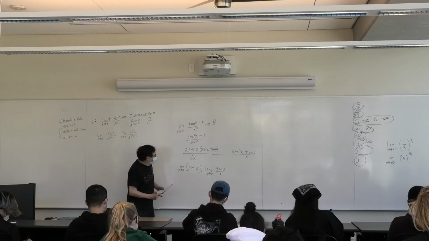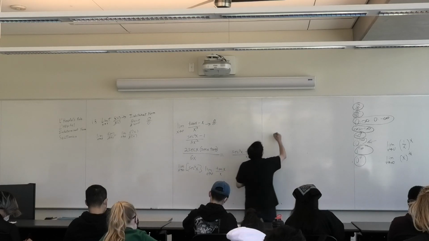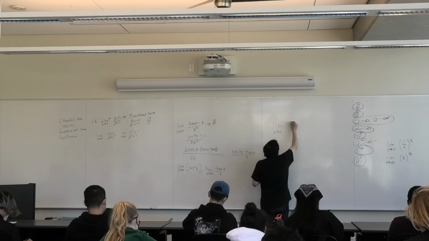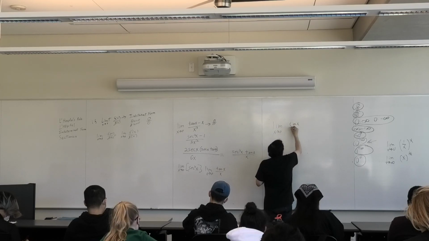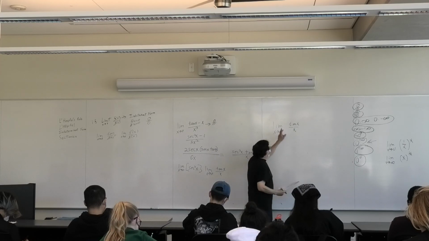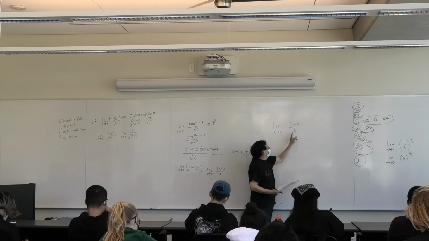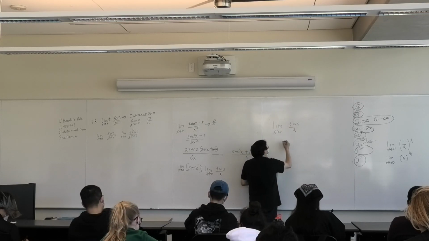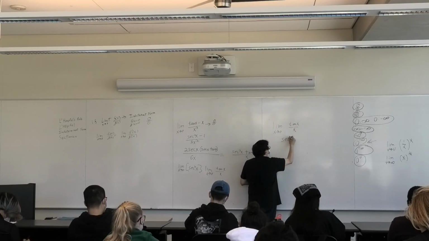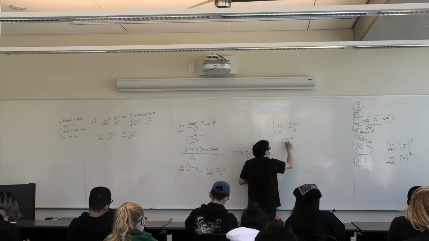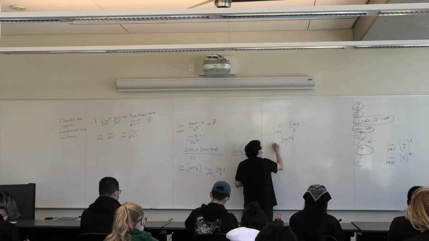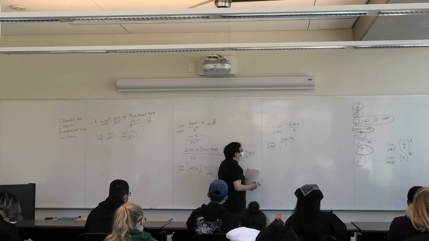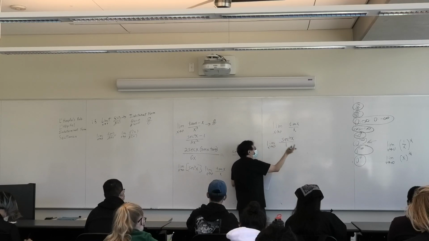That helps. Okay, so now we're down to the limit as x approaches 0 of tangent of x over x. Tangent goes to 0, x goes to 0. We can apply the rule. The derivative of the tangent is secant squared of x over 1. And the secant squared is going to 1.